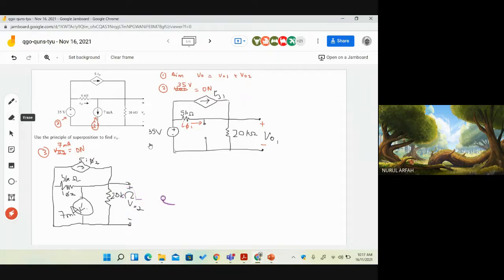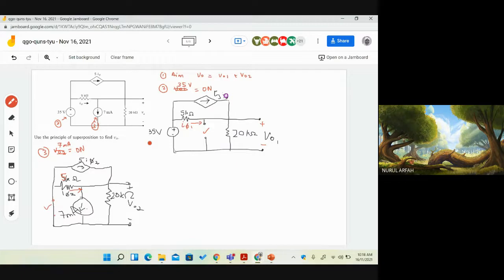Okay, like this, V02, V01. Remember the current direction, otherwise you will make mistakes. Put the current direction. And this part, yes, correct. This one also good.